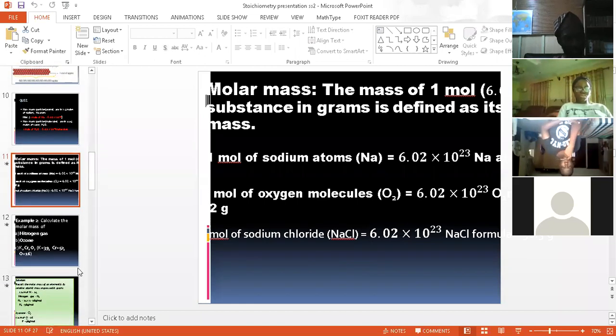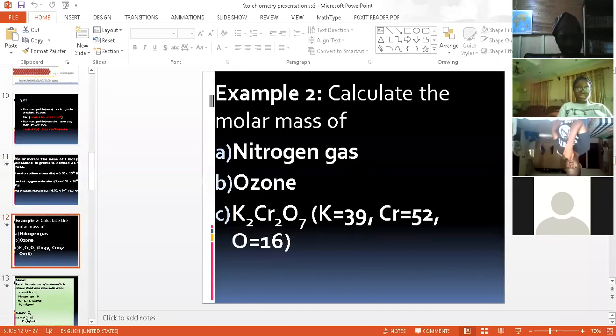So we move on. We are given this: calculate the molar mass of nitrogen gas, ozone, and K2Cr2O7. You need to write the chemical formula of nitrogen gas, likewise the chemical formula of ozone, and from there you're able to calculate the molar mass.